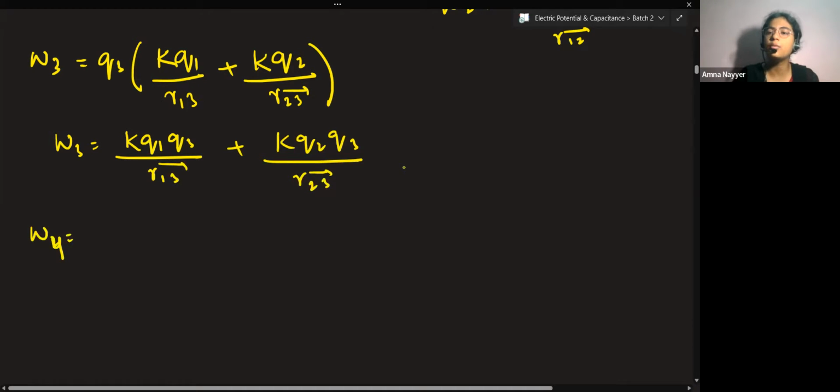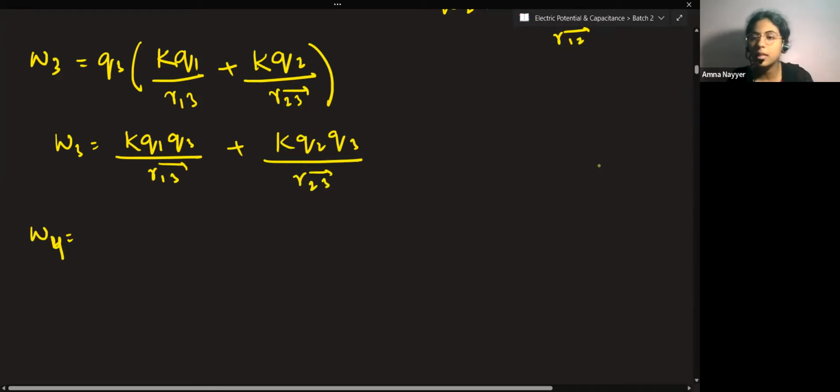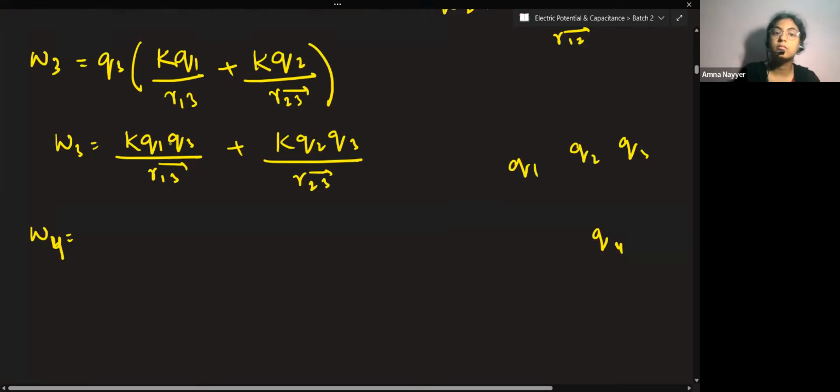Let's say there's a fourth charge Q4. See, an easy method how to write all this. Q1 is already there, Q2 is already there, Q3 is already there. Now let's say we have fourth charge Q4. Understand how to write it quickly, because this much time it should not take you to write all the steps. If you have so many charges, you have to write it very quickly.